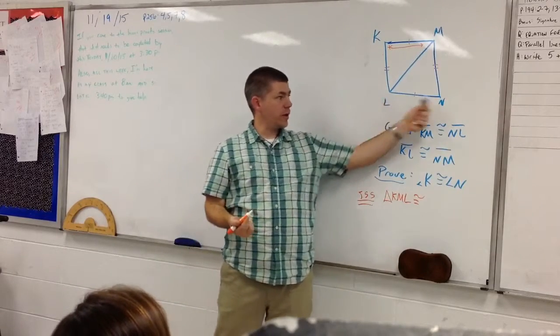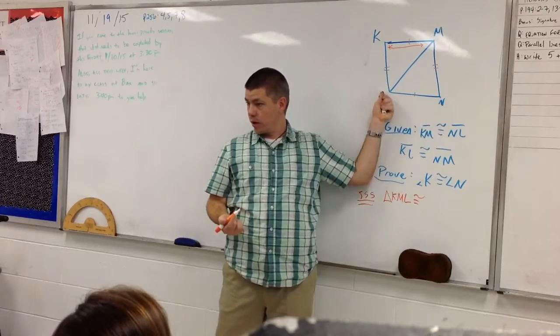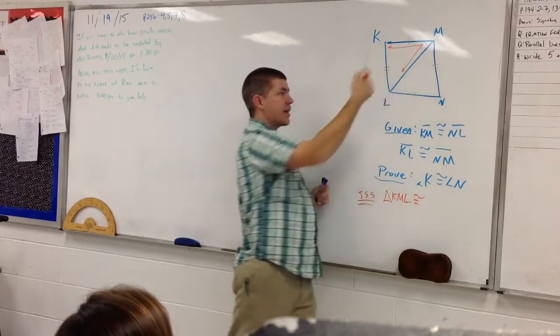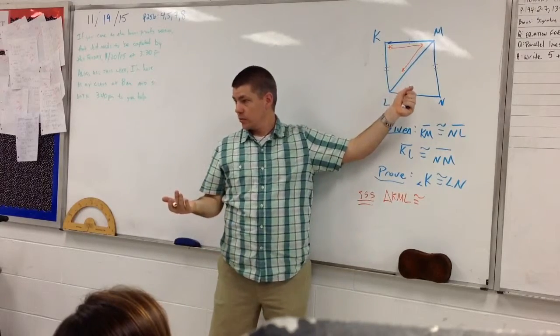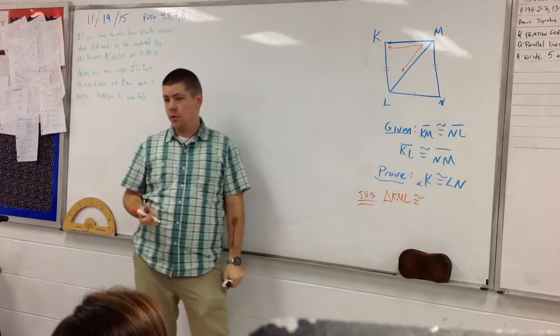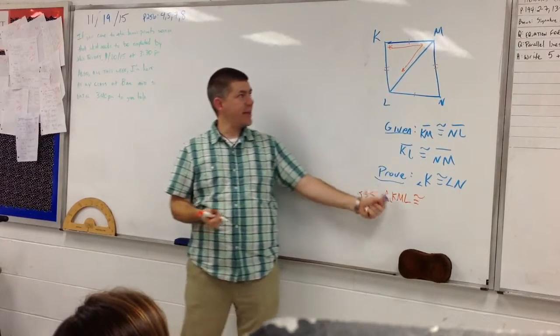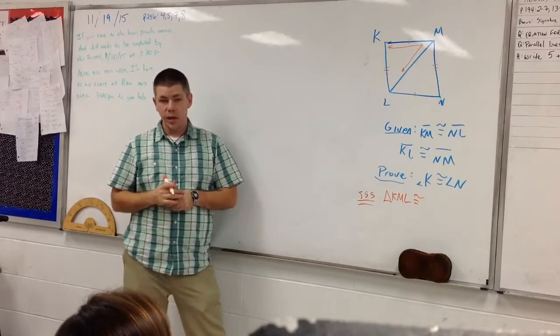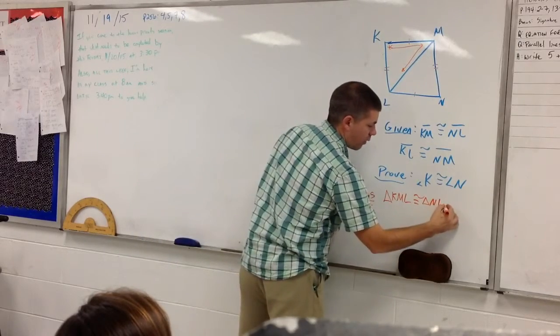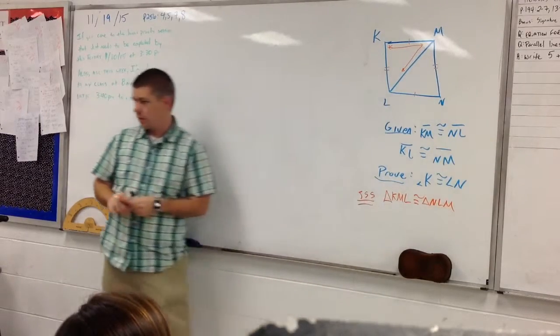I either do LN or NL, and then I go through the reflexive side or the unknown side. So I have to follow that same order down here. If I go KML, what do you have to do? NLM. So triangle NLM. Does that make sense? Okay, good.